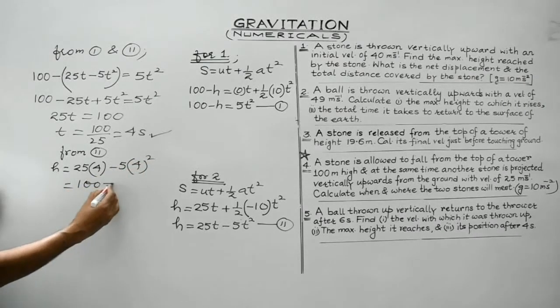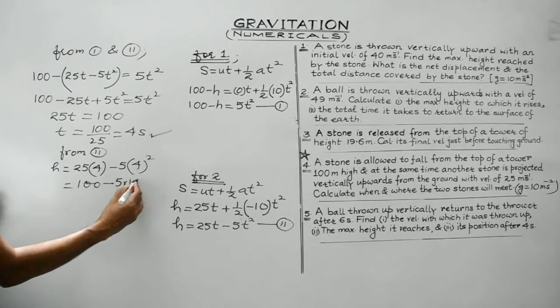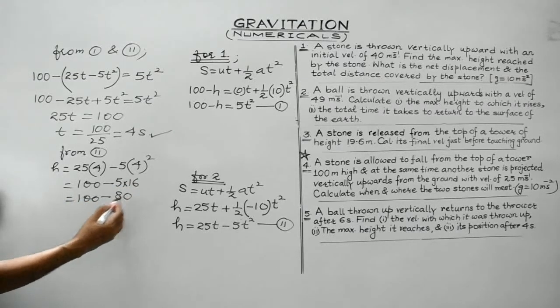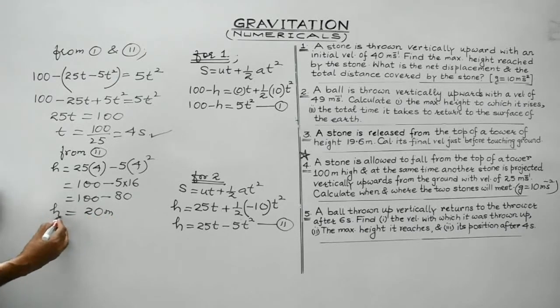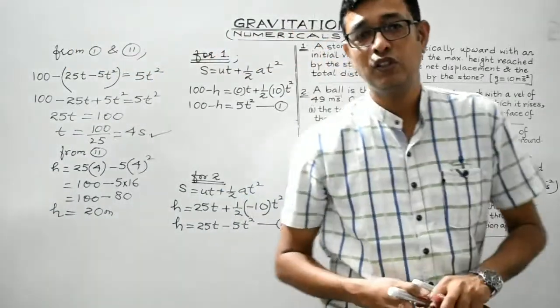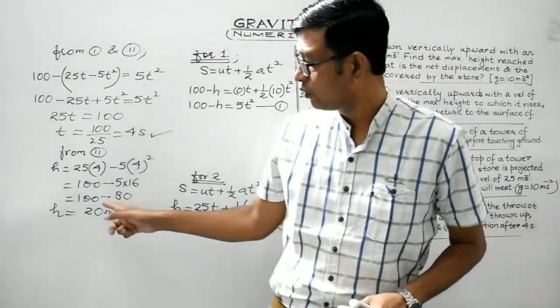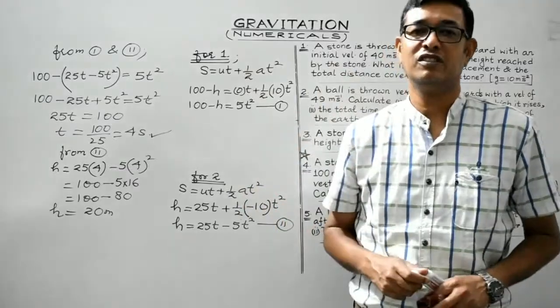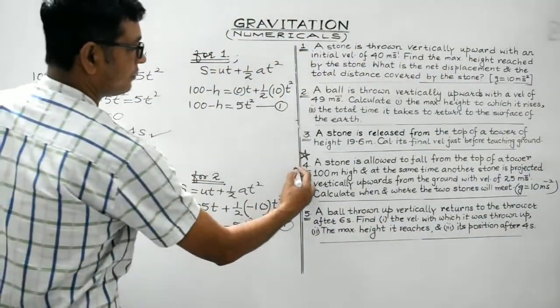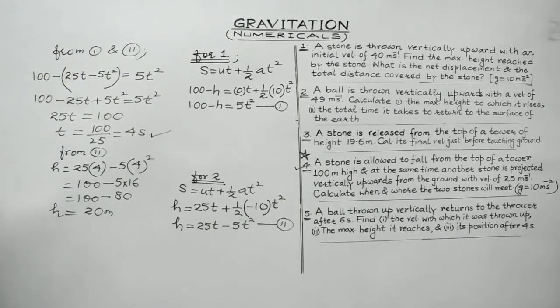So 25 times 4 is 100, minus 5 into 16, that is 80. So it will be equal to 20 meters. So students, this is the answer of the second part. So the two balls will meet at a height of 20 meters above the ground. Clear? So this was a very, very interesting question. So students, we are done with question number 4 as well.